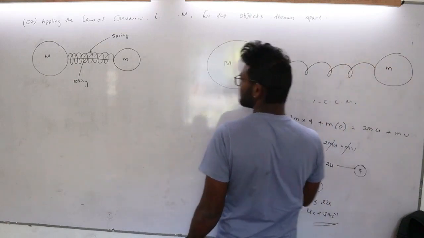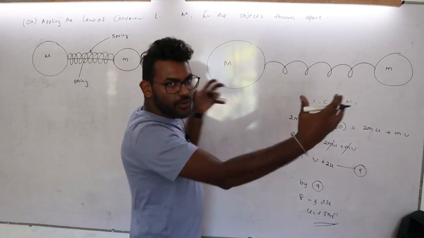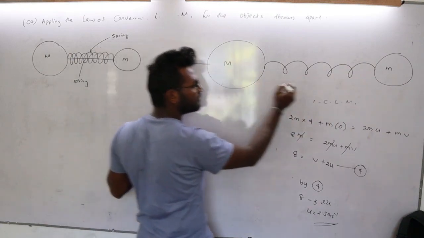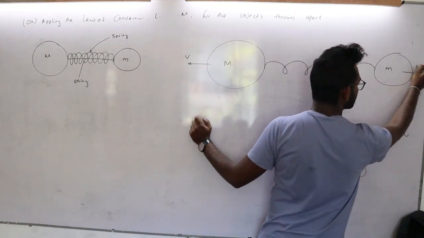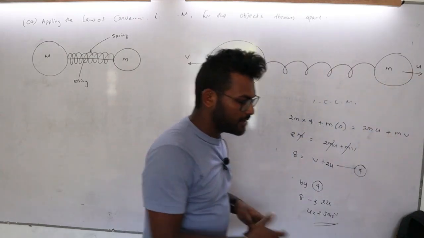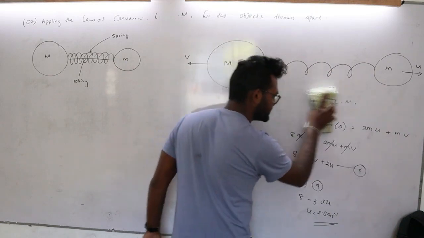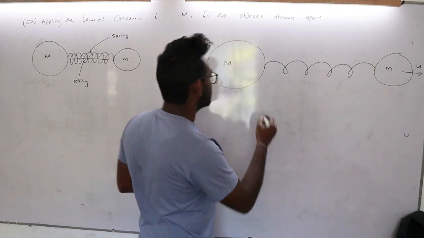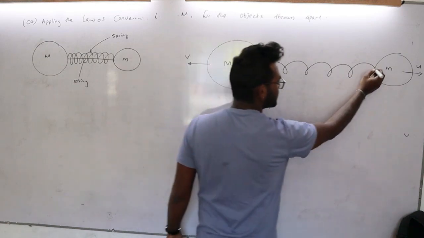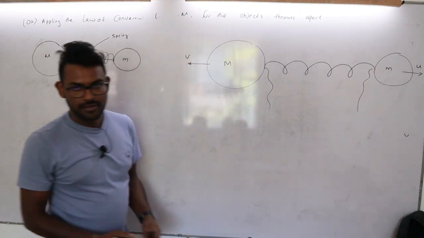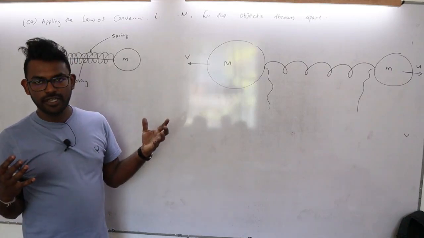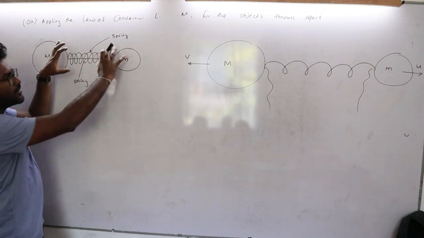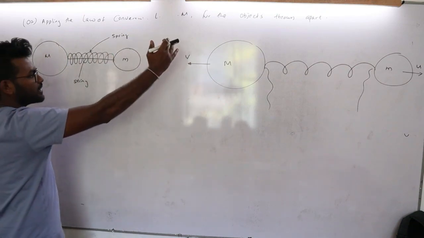Now once they are thrown apart, they will get a velocity. Let me take this one to be v, this one to be u. Alright, so do you see an external force here? Now the string got cut. Do you see an external force here? No, right? Once you cut it, we are not trying to make it apart or compress it.